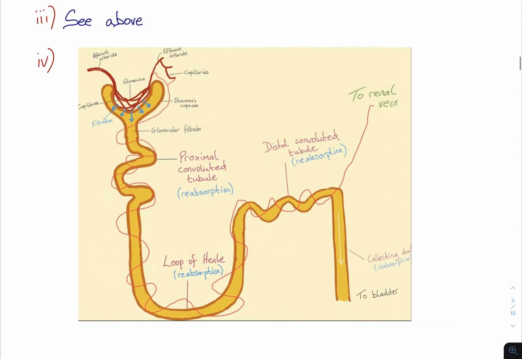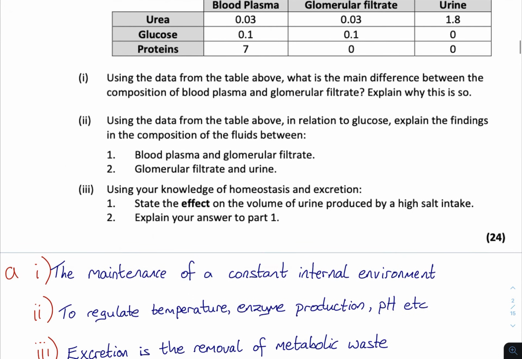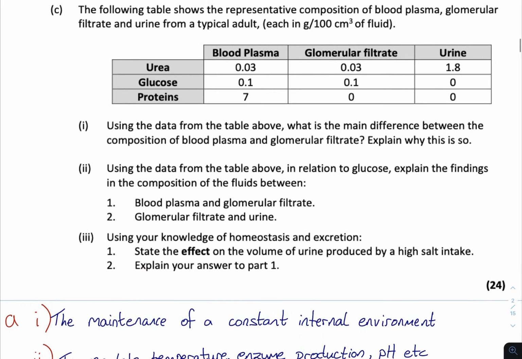Next, the final one on this one, the glomerular filtrate and urine. So if we're looking at the difference here, you can see in urine there is no glucose, and there is a much higher level of urea than there is in the glomerular filtrate.